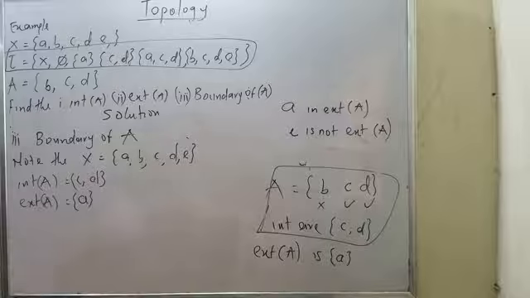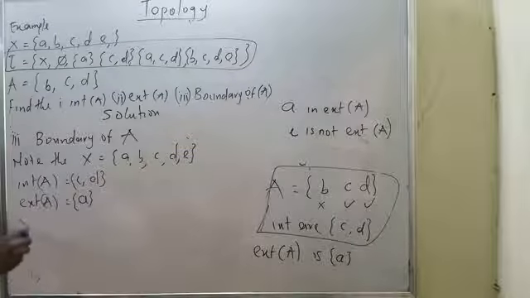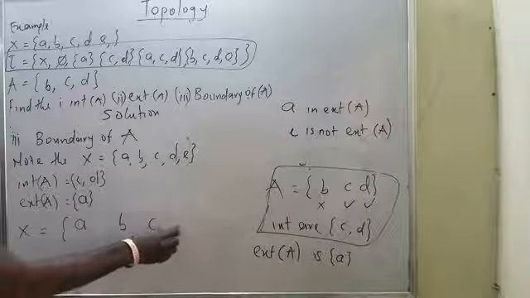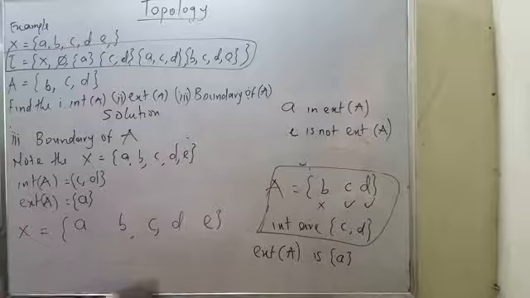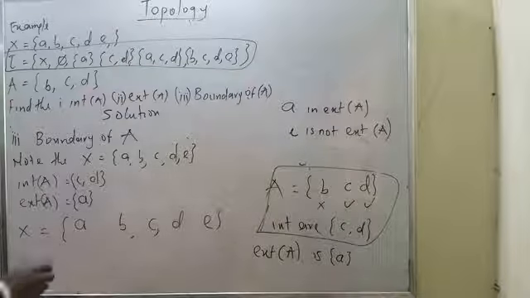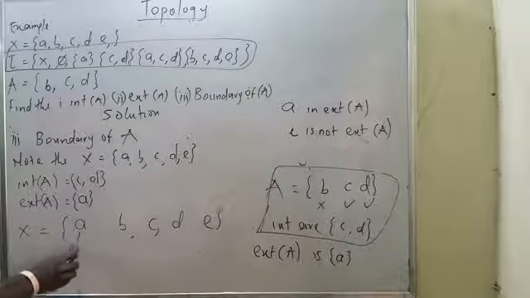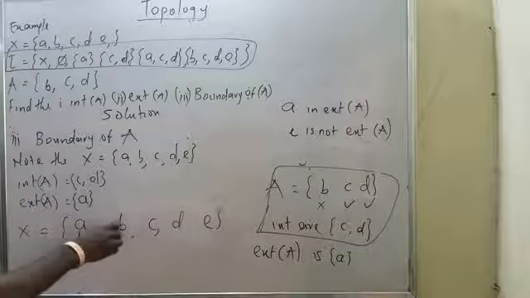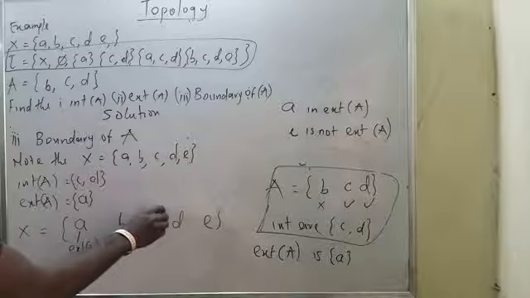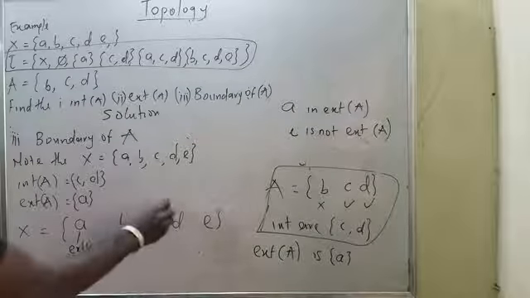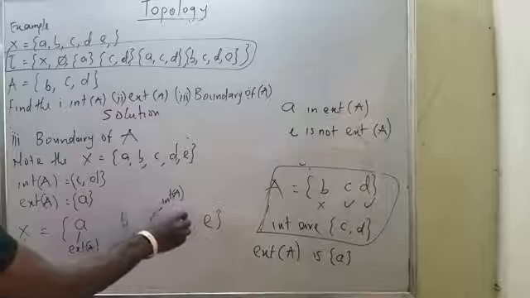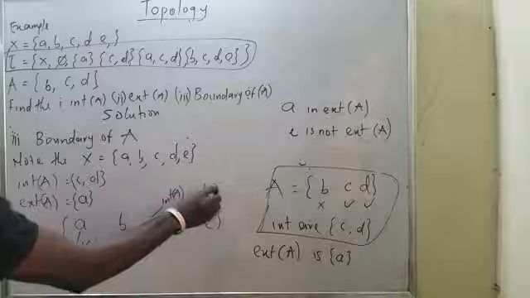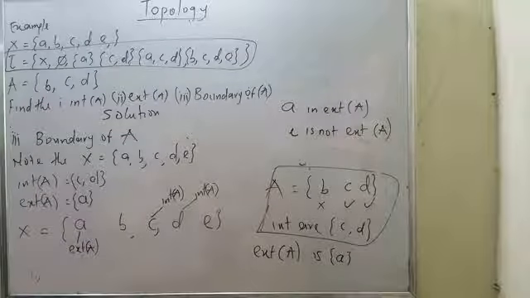Now, since I have that, I will now come to this X. I will have my A, B, C, D, E. Now, look at this. This one is exterior of A. This one is interior of A, and this also an interior of A.